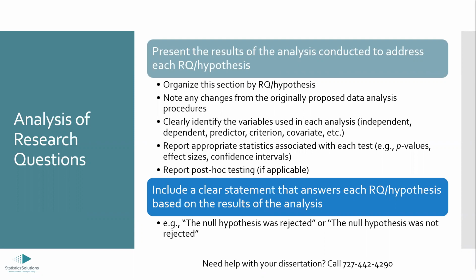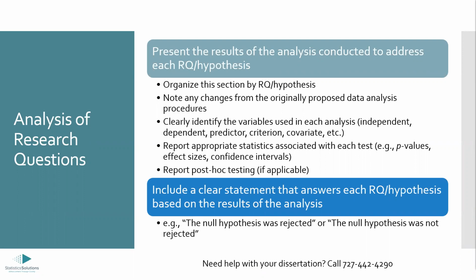You don't really want to jump around and do things out of order, like start with research question 2, then jump to research question 5, and then go back to research question 1. You want everything to be in a very organized and logical order based on the order of your research questions.